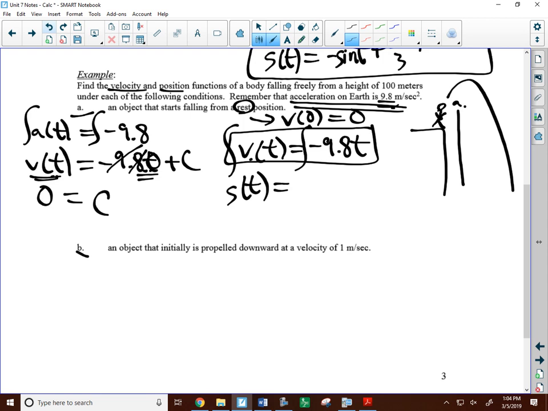All right, now here we'll do the power rule. Let me do this one off to the side. I bring the negative 9.8 down. Then this is to the first power. So I'm going to do power rule. It'll be t squared over 2. 9.8 divided by 2, though, is 4.9. Negative 4.9 t squared plus c.